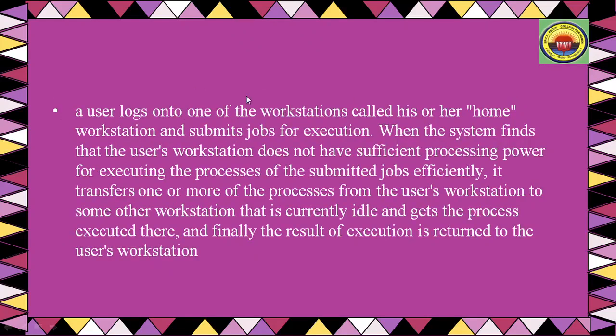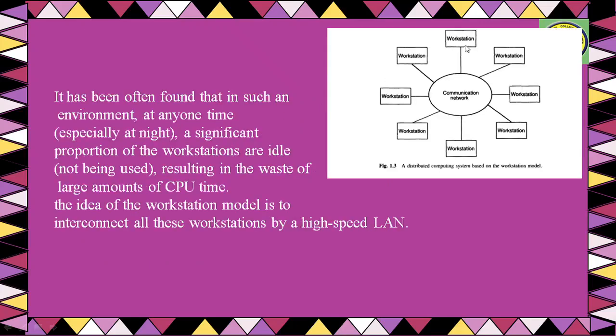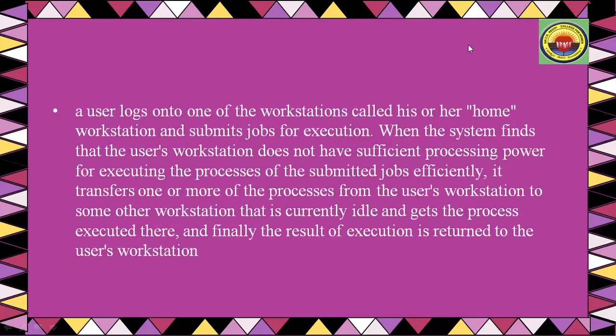Whenever a user logs on to one of the workstations, we call it his or her own workstation. When a user is logged into this workstation, for example, and gives jobs for execution, it is called the home workstation.